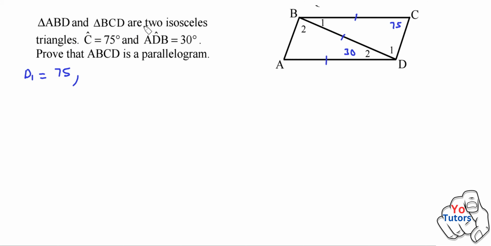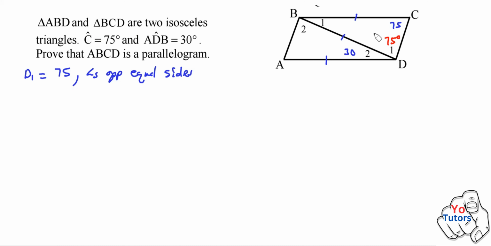Because these are two isosceles triangles, we are saying there are angles opposite equal sides. So this one will be 75. So we have now 75. Let's put it in red. What we are finding out is 75.